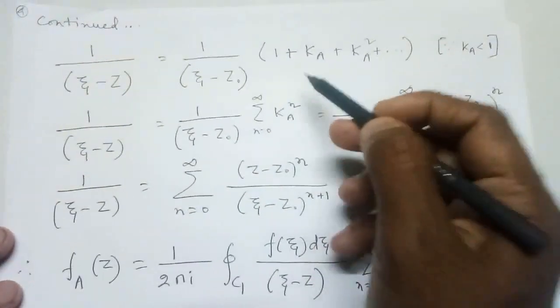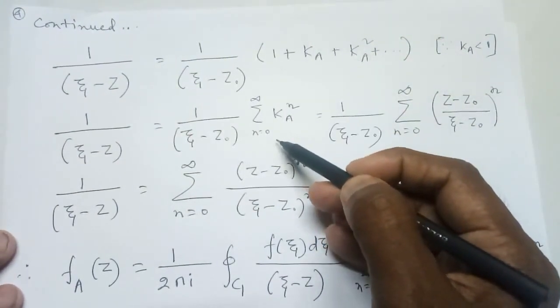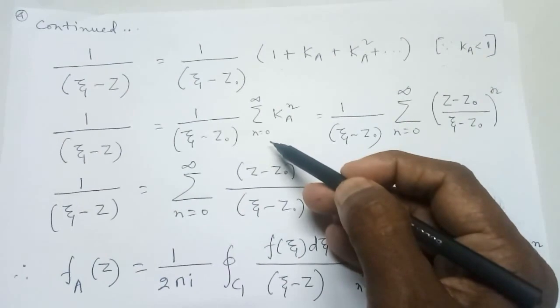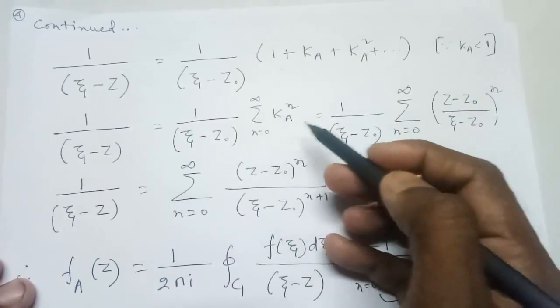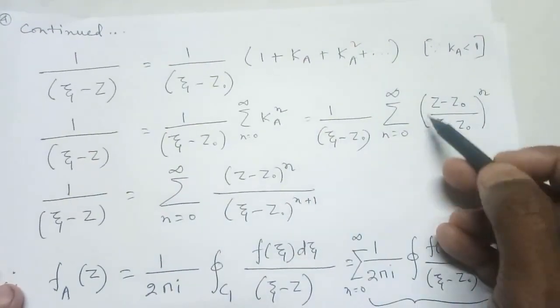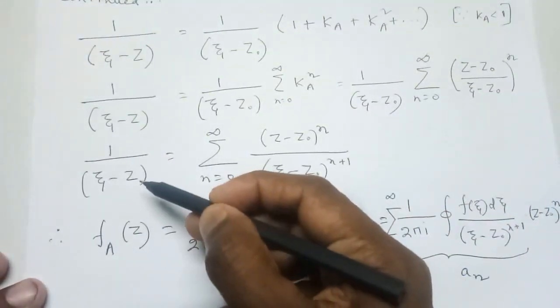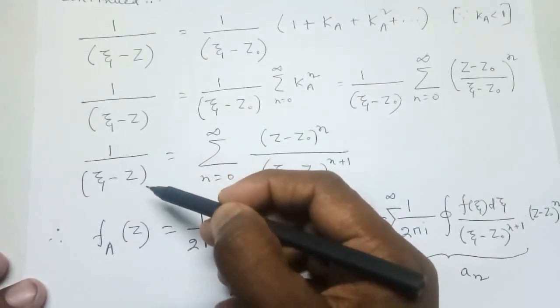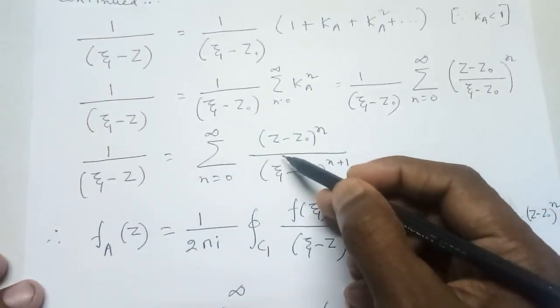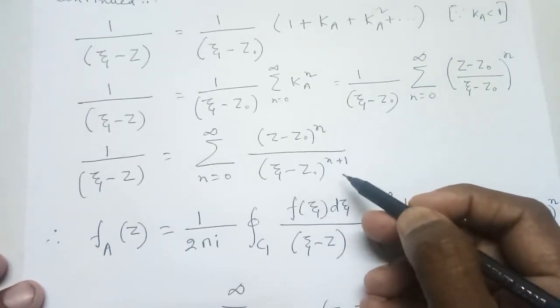So we simplified this series in this form, where the summation runs from n equal to 0 to infinity, and we substitute K here and we will get the series expansion of 1 by xi minus z, which is (z minus z0) to the power n by (xi minus z0) to the power n plus 1.